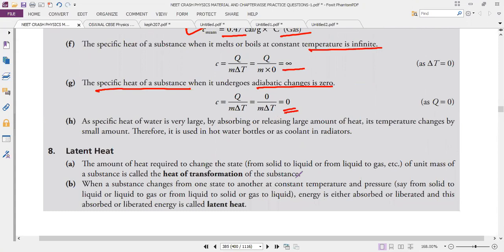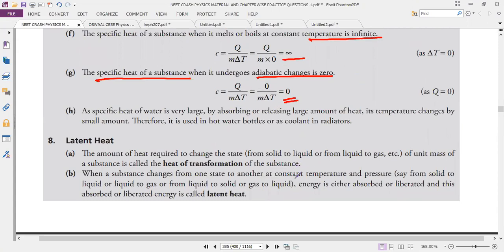Next topic, latent heat. The definition of latent heat: the amount of heat required to change the state of unit mass of substance is called latent heat of transformation of the substance.